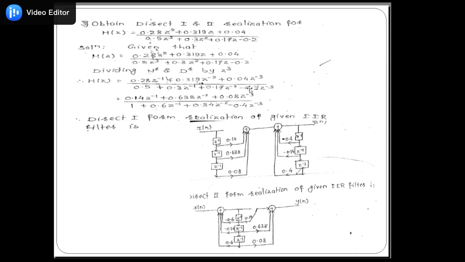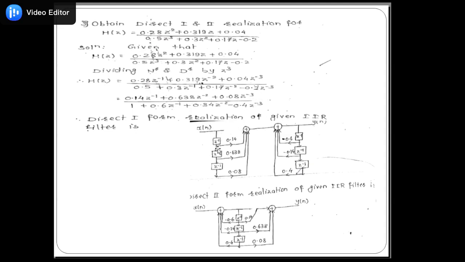Then you have to realize this equation in direct 1 form. That will be Y of z divided by X of z. X of z will be multiplied with this numerator, but here there is no multiplier for x of n, that's why you have shown a gap here.